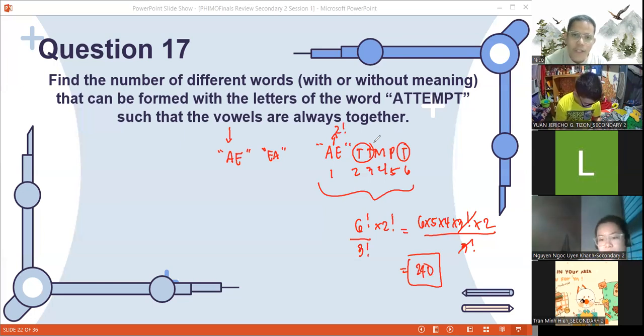Then if you're gonna couple the A and E, or pair them, how many elements are there? It's only AE, P, T, M, P, T. So there are 6 of them. You can arrange them 6 factorial times over how many letters are the same? 3 T's. So it's 3 factorial times. Okay? So we have this one. Very easy, right?